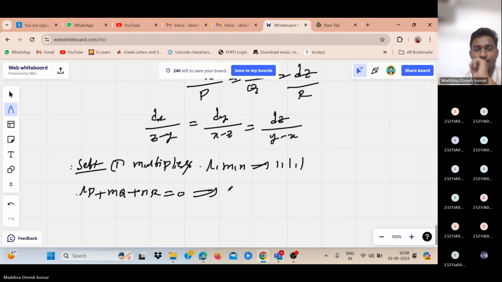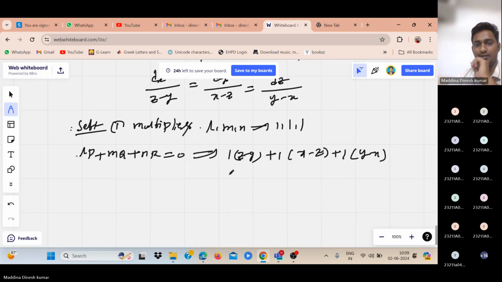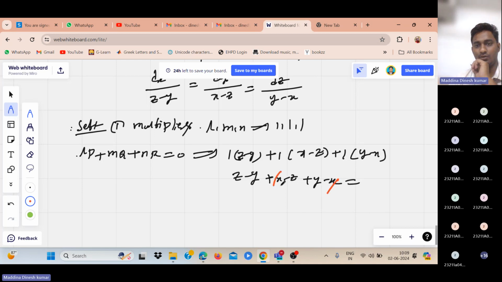Okay, so here see, L means 1. Here P means Z minus Y, plus 1 into X minus Z, plus 1 into Y minus X. So here Z minus Y plus X minus Z plus Y minus X. If you solve this one, XX will vanish, ZZ will go, YY will go, and at the end 0.